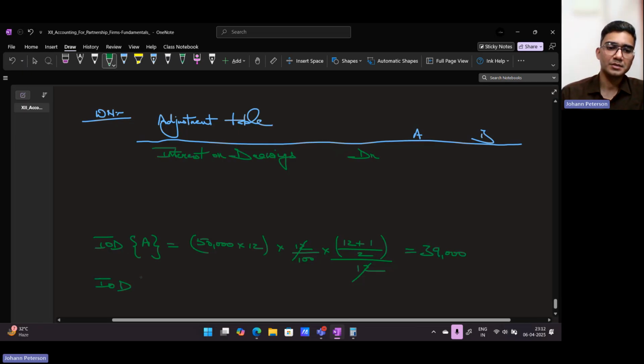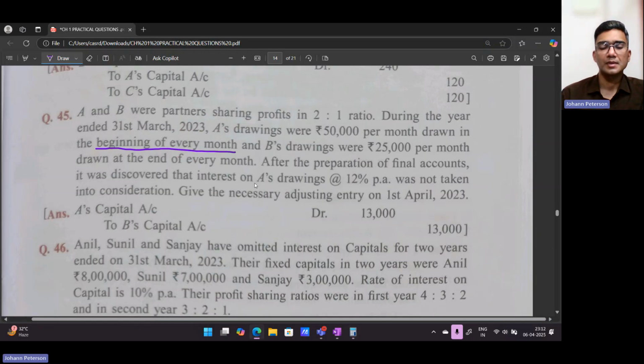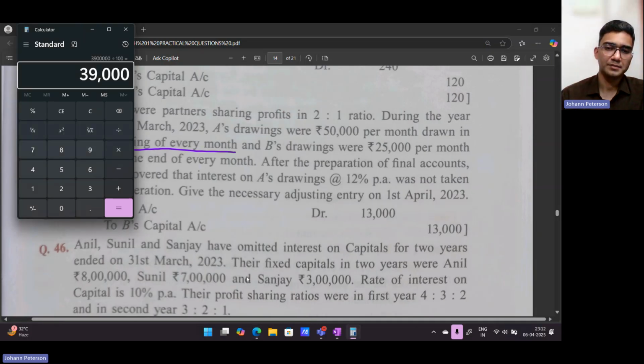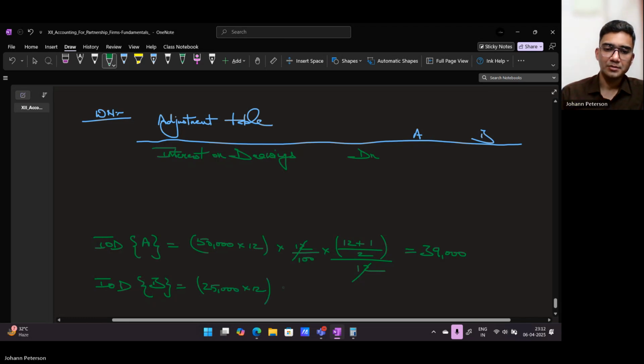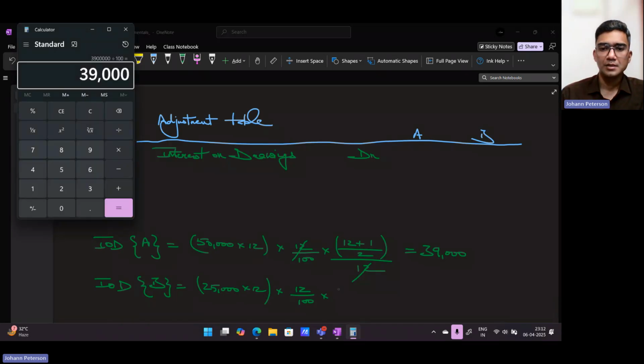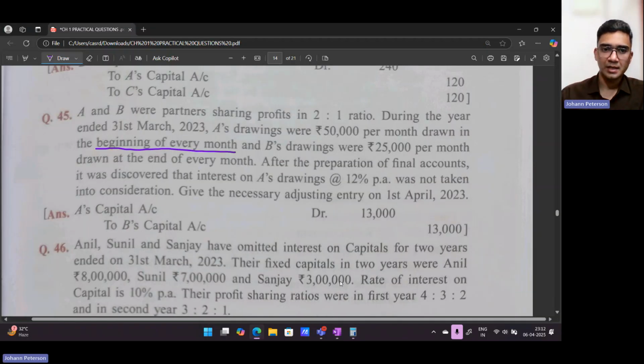Then interest on drawings for B. His drawings are how much? These drawings are 25,000 per month drawn at the end of every month. So 25,000 into 12 is my total drawings into the rate, which is 12 upon 100 into the average period drawn at the end of every month.